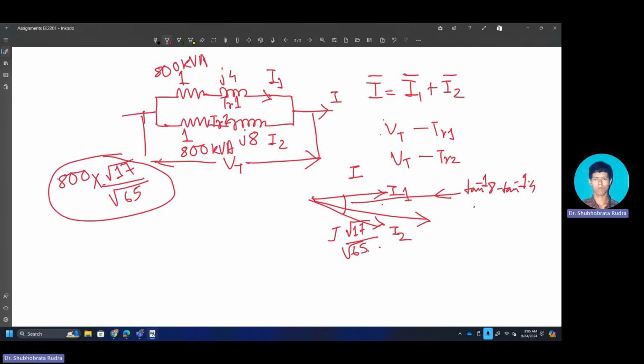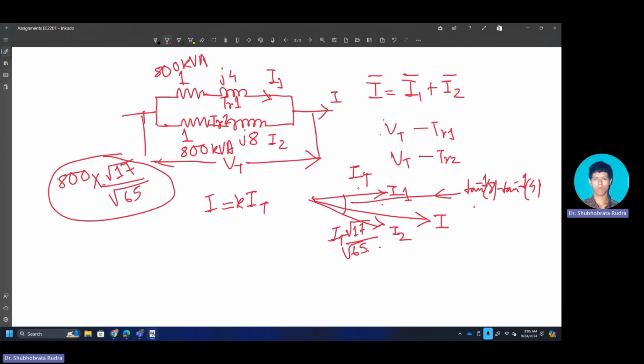So if you find out this angle, then you have to find out their resultant I. Once you get that I, whatever value, let it be say IT, you can always find out the relation between I and IT.